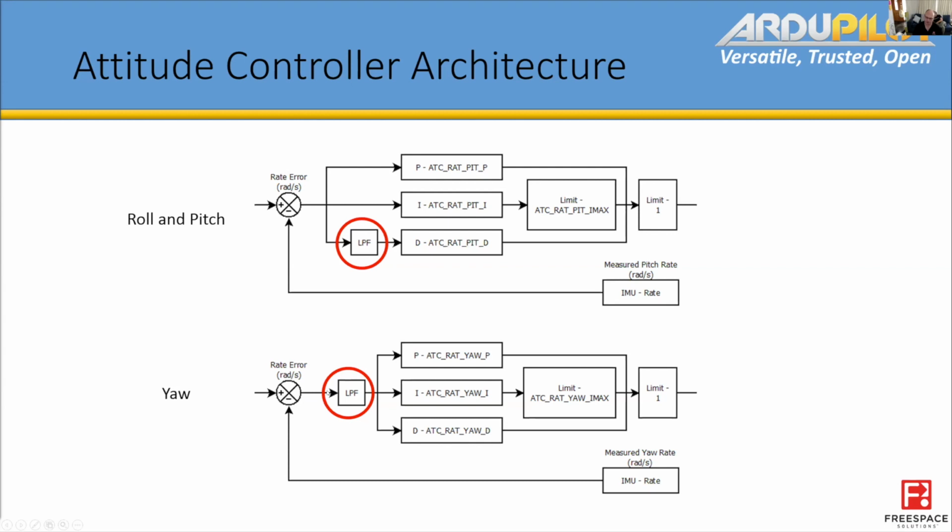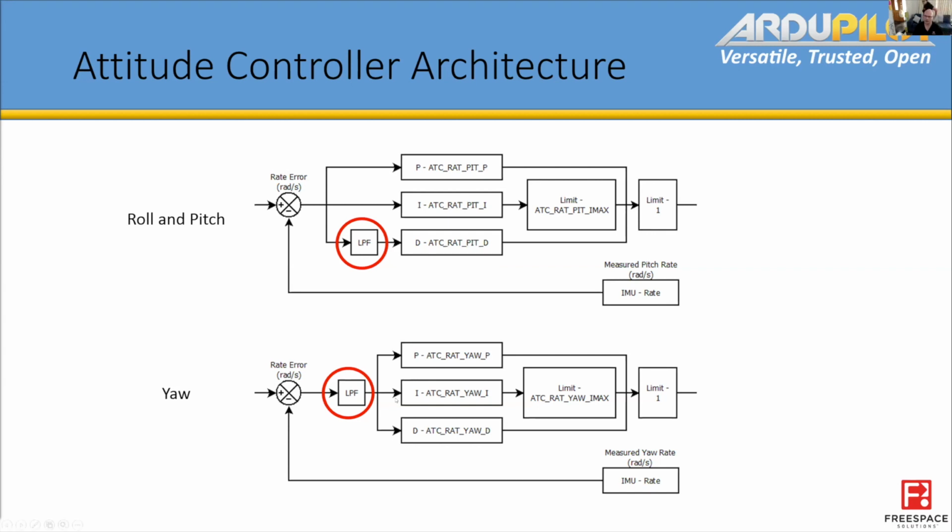Now, the reason why this is significant for yaw is because yaw has a mechanical D-term in the form of the torque being applied to the motors. Yaw is by a long shot the fastest responding axis on a multi-rotor because it gets instant torque change, whereas roll and pitch need to wait for that RPM to actually change, whereas yaw reacts as soon as the RPM begins to change.